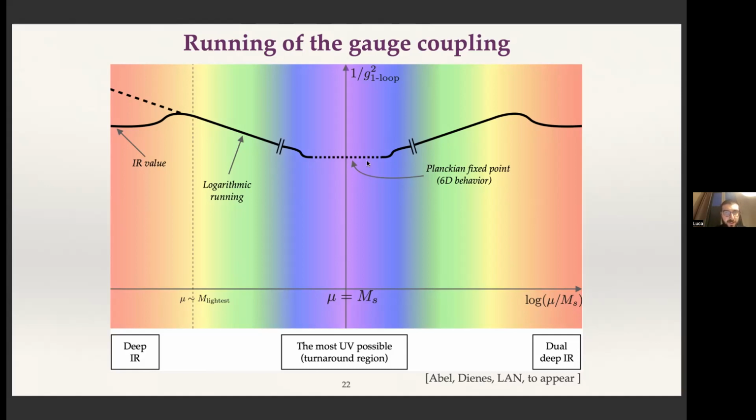So the beta function is vanishing, and as soon as we go beyond the string scale, the theory must run backward in the same way. So the theory must repeat itself from this turnaround point, with the dual deep IR region. So this is not a UV, this is a dual IR.